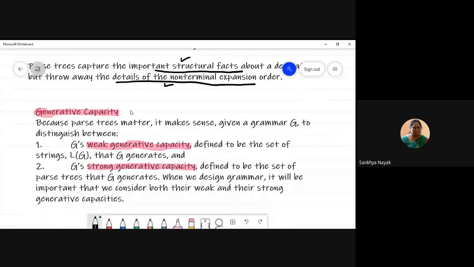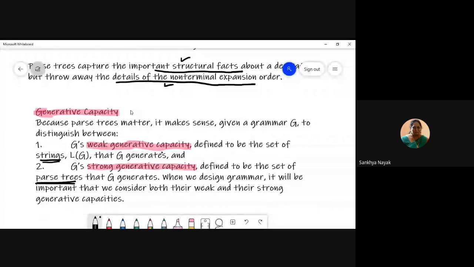Weak generative capacity is the set of strings that can be generated by the grammar. Strong generative capacity is how many parse trees can be generated by a grammar.